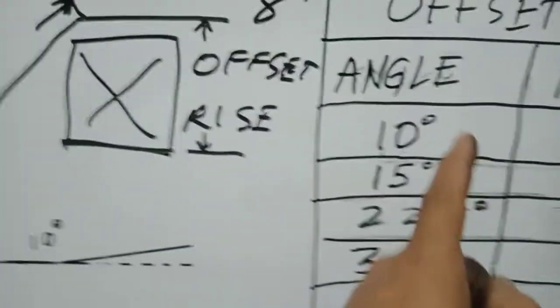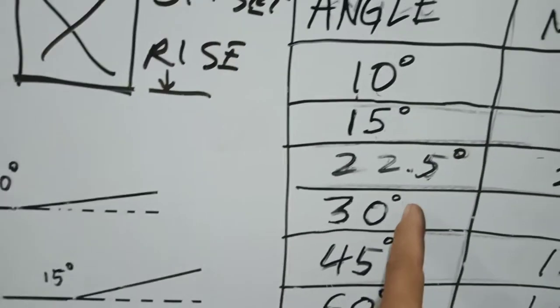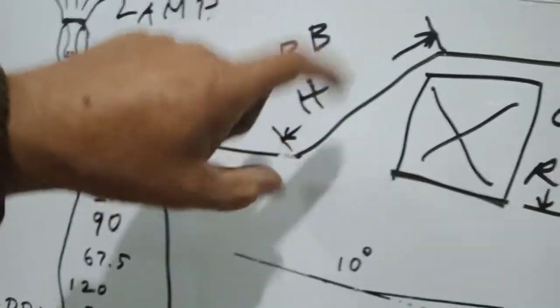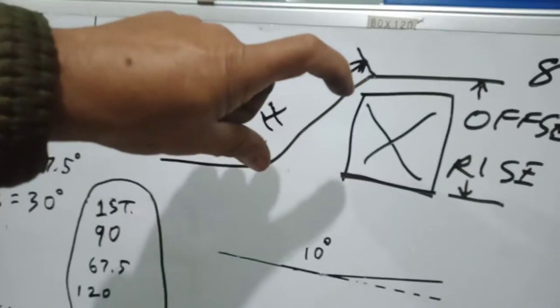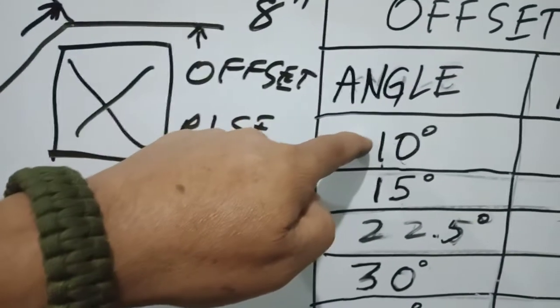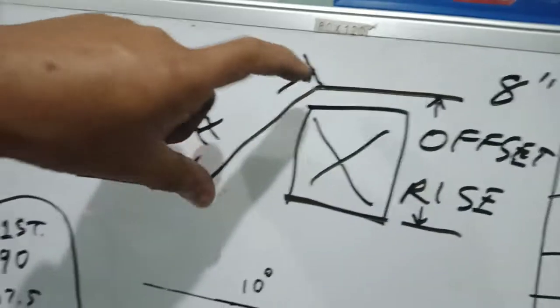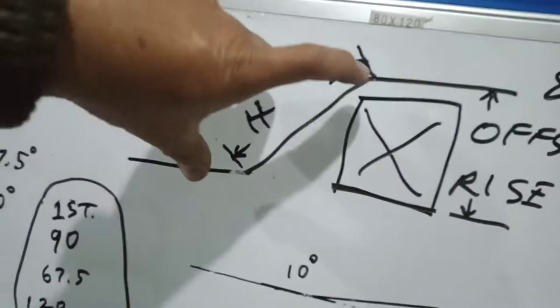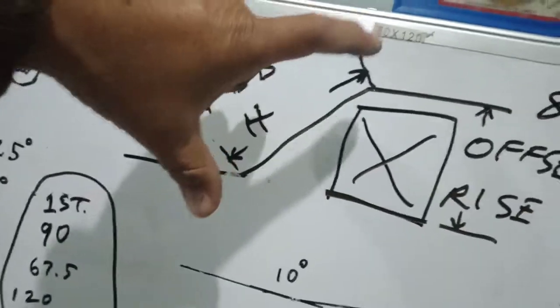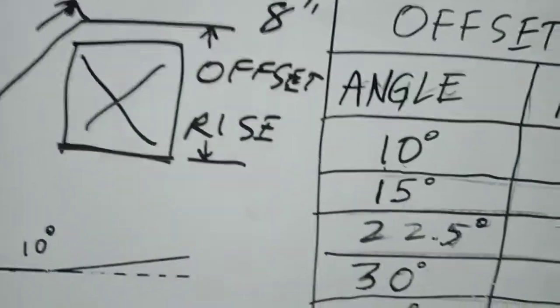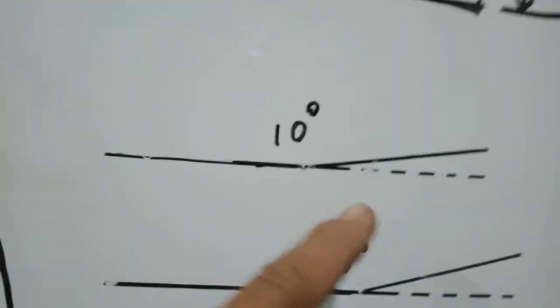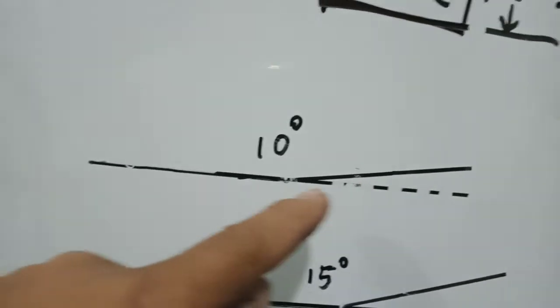Because the higher the angle, the distance between bends will become short, unlike a lower angle, where the distance between bends becomes longer. The advantage of this is that it will be easier to insert the wire. This is an actual degree.